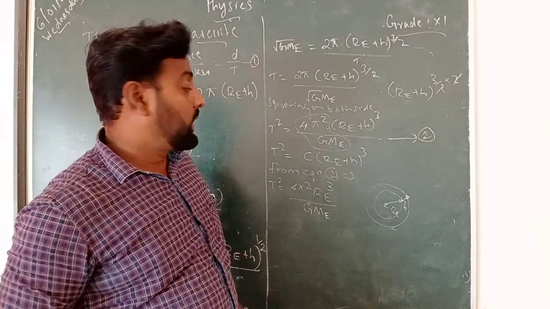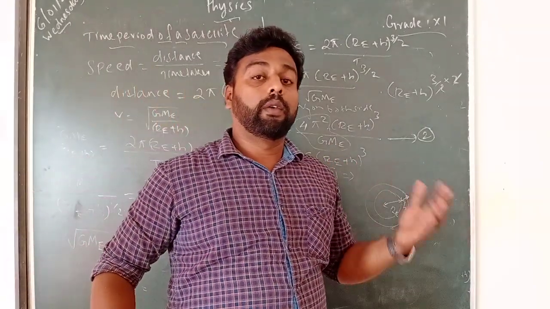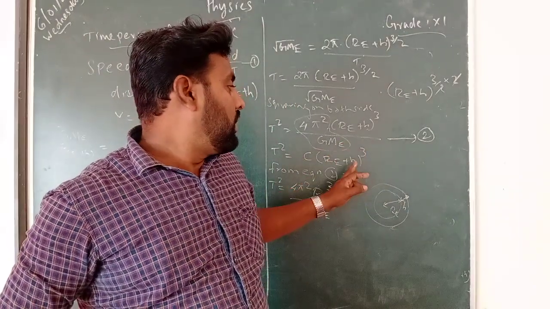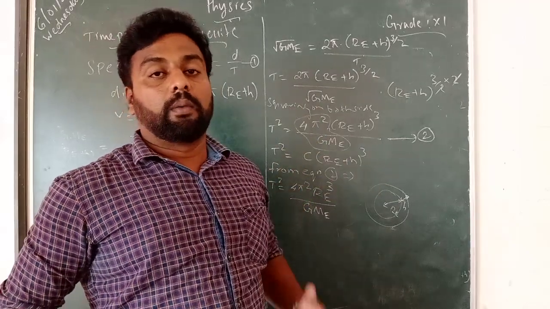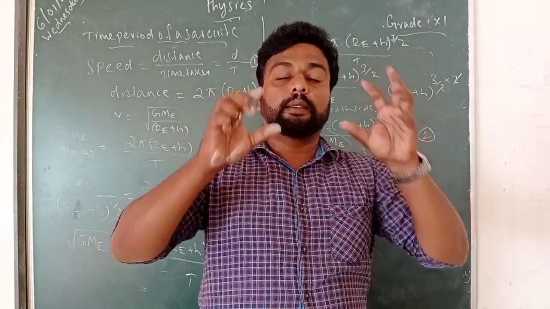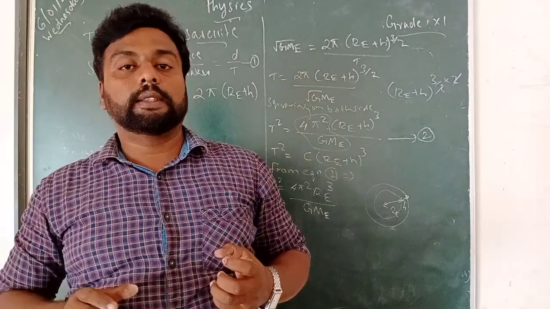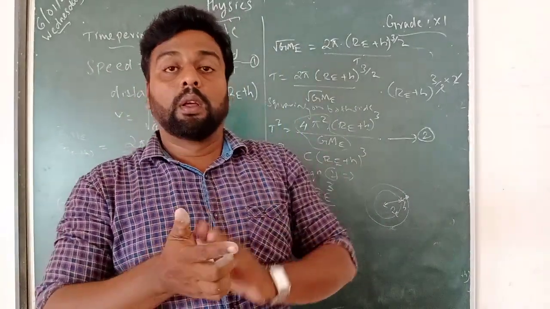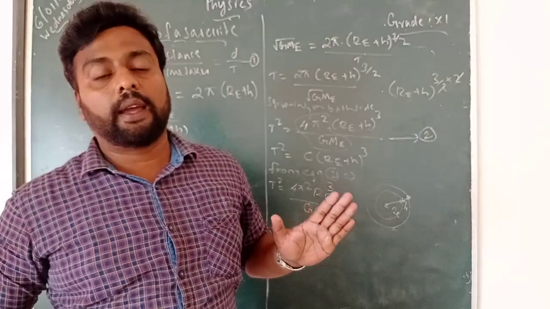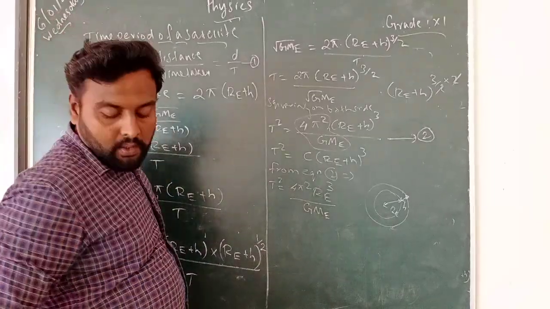This is neglecting the h, as we did before in the variation of g with altitude and g with depth. This h we can neglect because, when we compare the radius of the earth and the height of the satellite rotating around the earth, the height is very much small. So we can take only the radius.